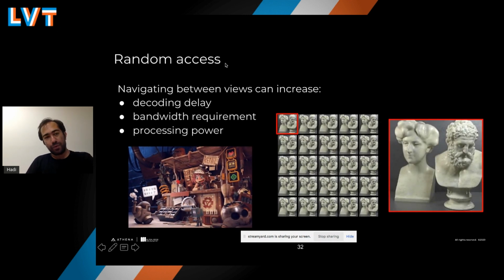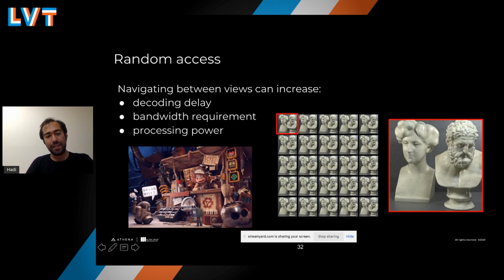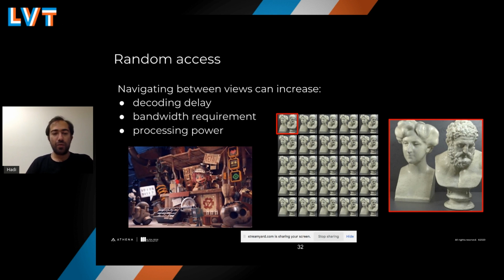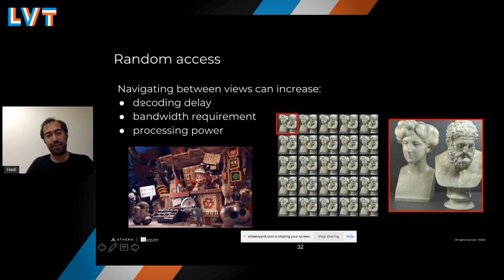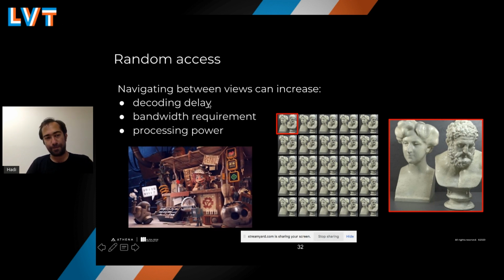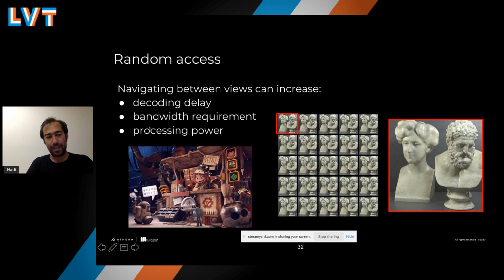The other very important feature is random access. As you see, we always need to navigate between different views. So when we navigate between views, if the dependency between different views is high, then we will have a high decoding delay. When we are streaming the light fields, we will require high bandwidth and very high processing power.